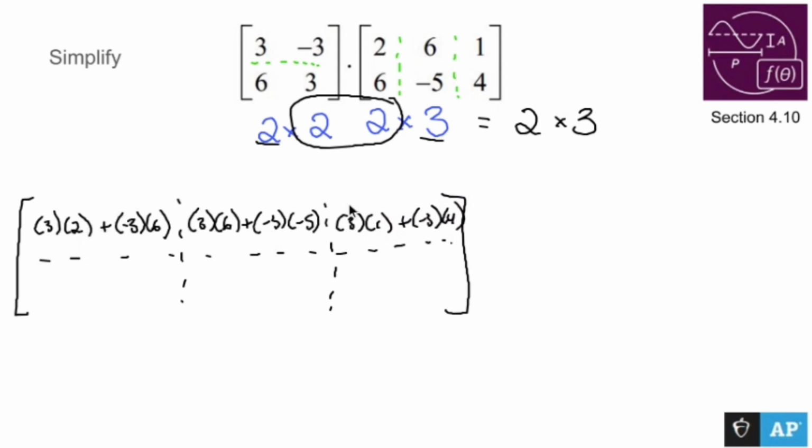Okay, now we're done with the first row. We repeat the process with the second row. Second row, first column: first element is 6 and 2, so 6 times 2 plus 3 times 6.